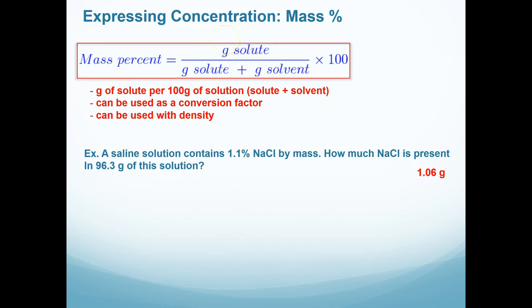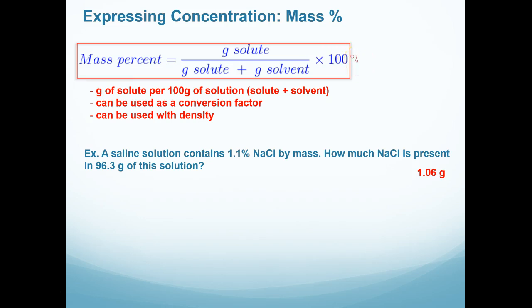If I have a solution, something that's dissolved in, for us in most cases, water, the solute is going to be the smaller component, and the solvent will be the larger component. If we're talking about a mass percent or any percent, we're thinking of part over the whole. The part will be the smaller component, the solute. For the whole, something to keep in mind is that I have to add up everything because it's the whole. It's the grams of solute plus the grams of solvent. Since it's a percent, it's times 100%.